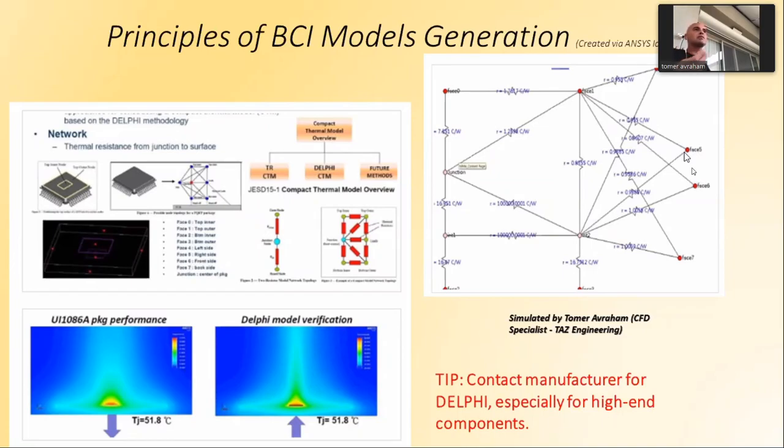What kind of knowledge do you get about the thermal environment of the chip? What can you deliver later to the reliability? So what you do is you ask Stratix for a Delphi model.